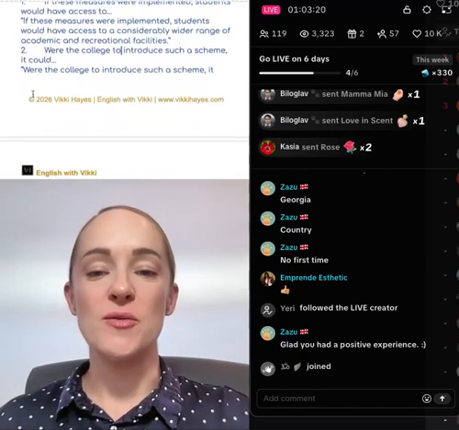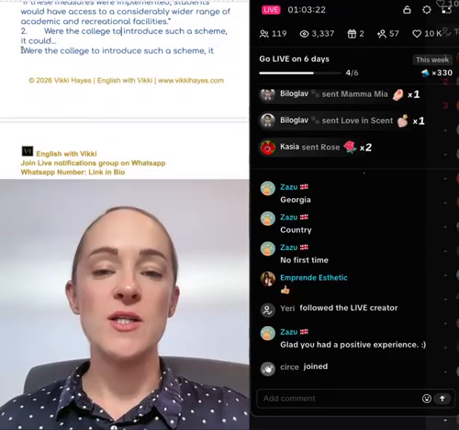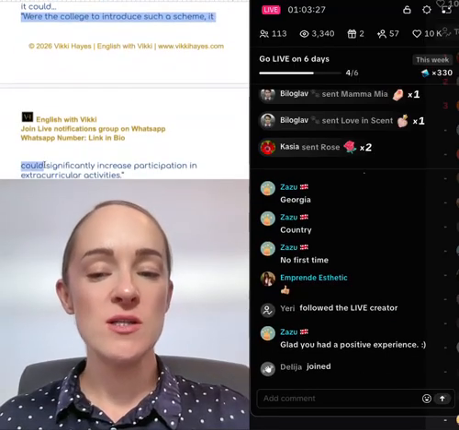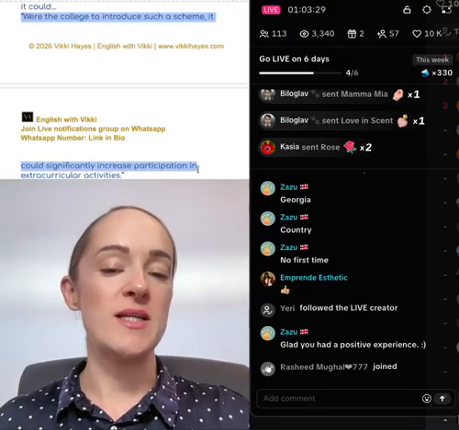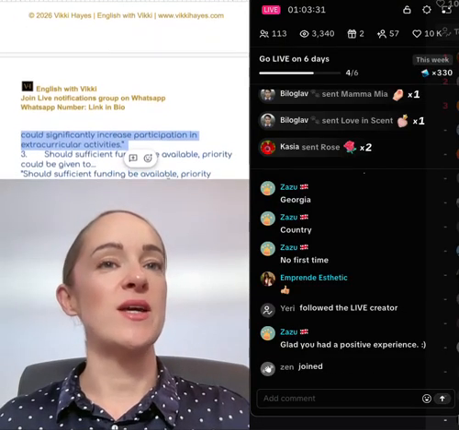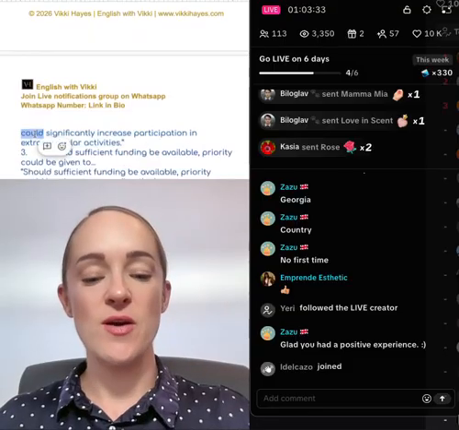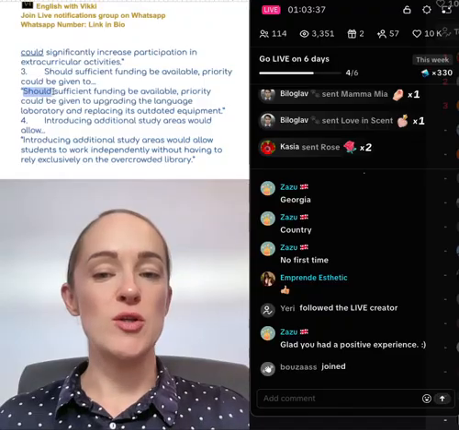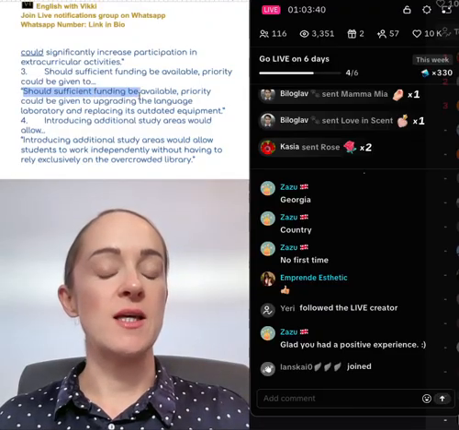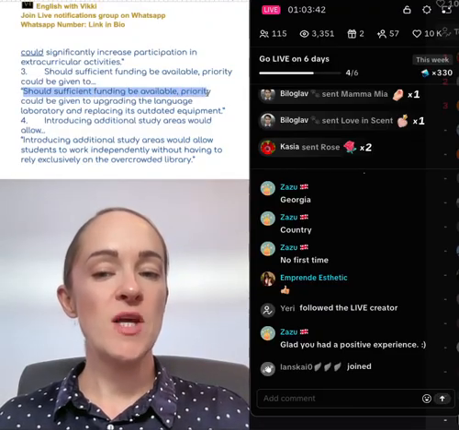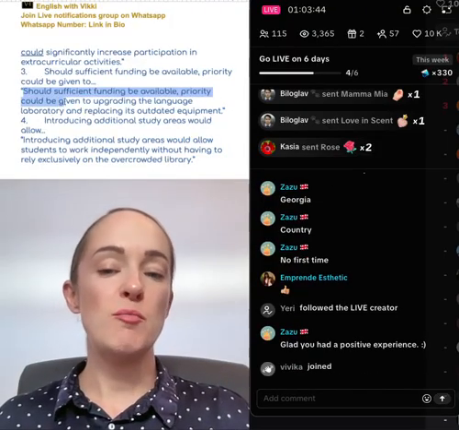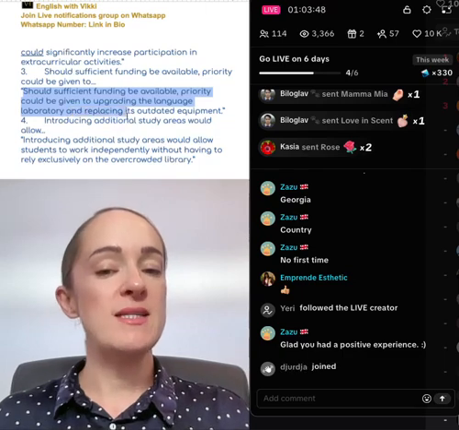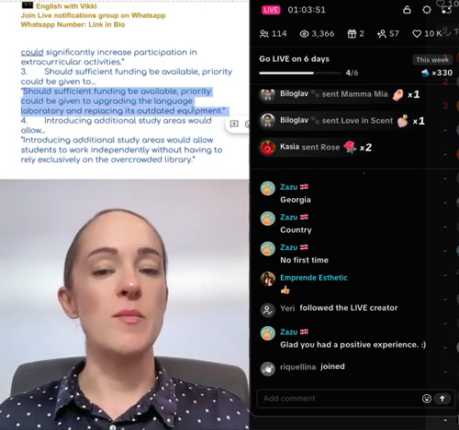Okay, number 2. Were the college to introduce such a scheme, it could significantly increase participation in extracurricular activities. So there you have your modal verb. Next example, should sufficient funding be available, priority could be given to upgrading the language laboratory and replacing its outdated equipment.